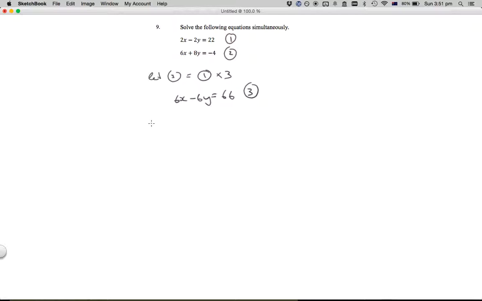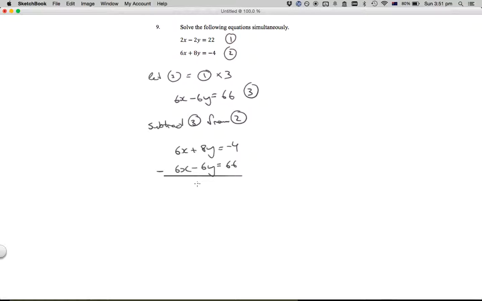And then they said something like subtract 3 from 2. And so they had 6x plus 8y equals negative 4. And then they took away 6x minus 6y equals 66. And then they went like this.